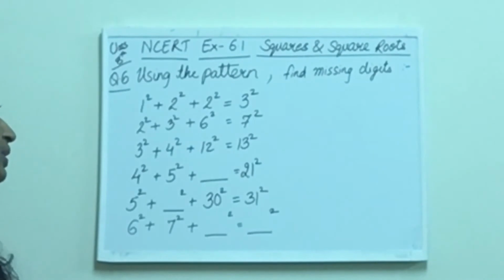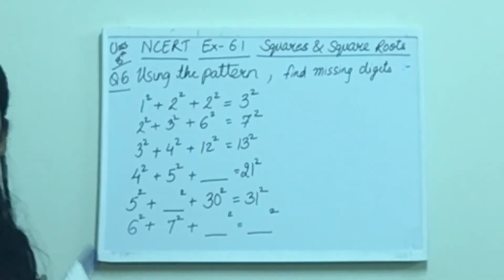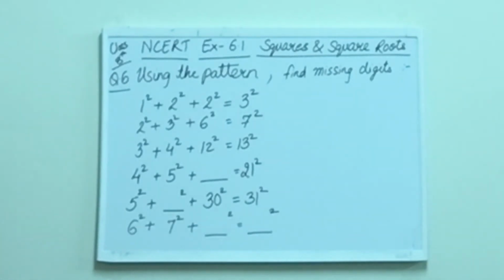Okay. Then 2 square plus 3 square plus 6 square is 7 square. That's also fine. 3 square plus 4 square plus 12 square gives us 13 square.